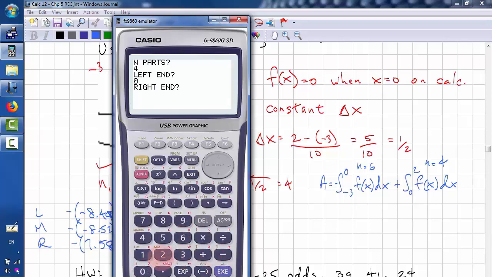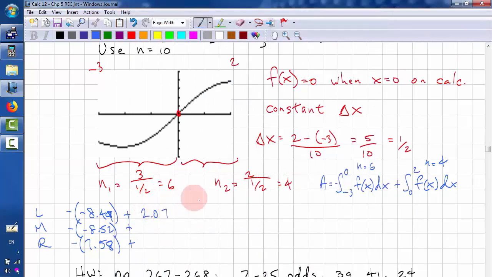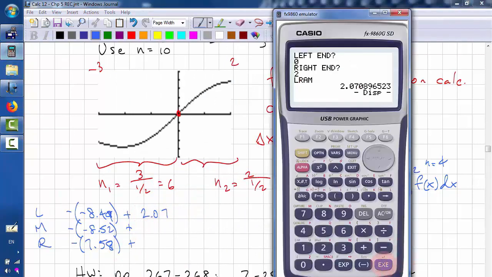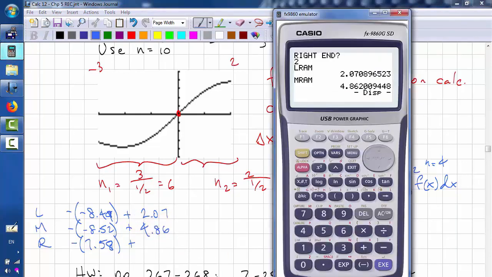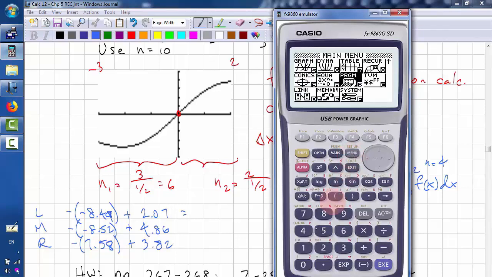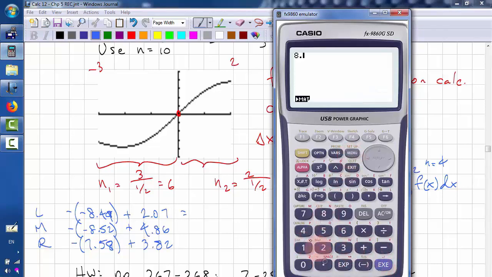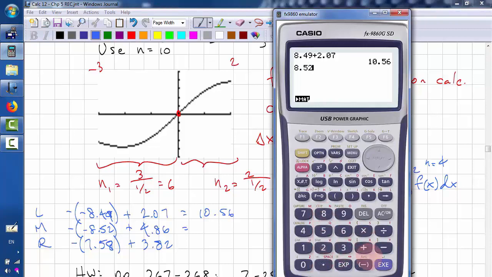And we have 0 to 2. 2.07. 4.86. 3.82. And we add those together. 10.56. 13.38.